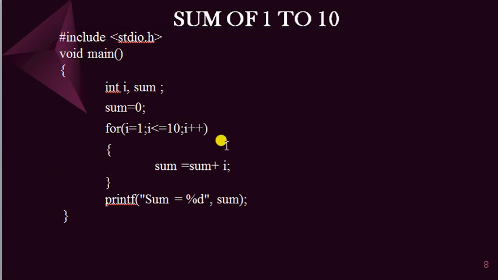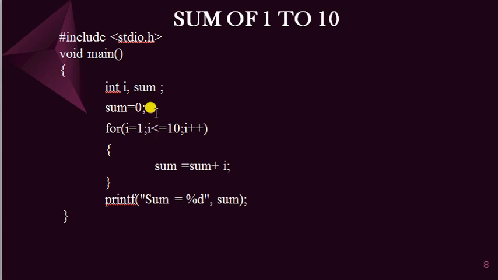So I is equal to 2, then it will check I less than or equal to 10, then sum equal to sum plus 2, then I is incremented, now I is 3, then 3 will be compared to 10, 3 less than or equal to 10 is true, so sum is equal to sum plus 3, like that it will continue. When it reaches I is equal to 11, it will compare with 10.